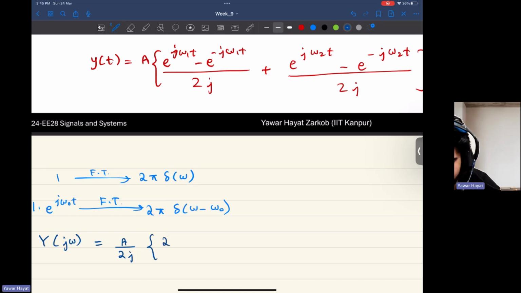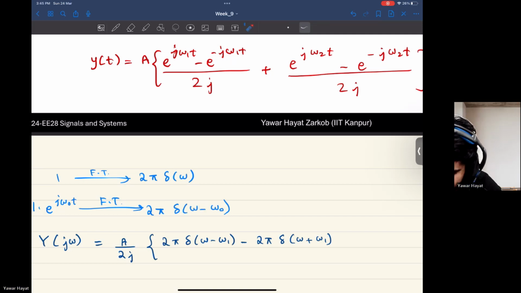So this e to the power j omega 1 t, the Fourier transform of that is 2 pi delta of omega minus omega 1 minus 2 pi delta of omega plus omega 1, right? Because we have minus omega 1, so minus omega naught is plus omega naught.